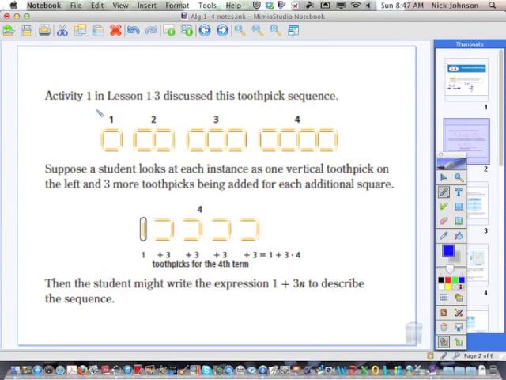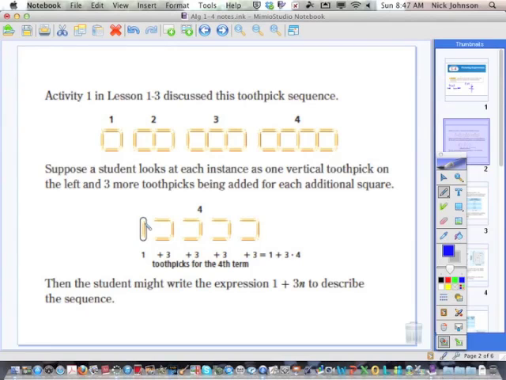In activity 1, in lesson 1-3, when we talked about the toothpicks, discuss this toothpick sequence. The first term had 4 toothpicks, 2 had 7, 3 had 10, 4 had, etc. Suppose a student looks at each instance as 1 vertical toothpick on the left and 3 more toothpicks being added for each additional space.